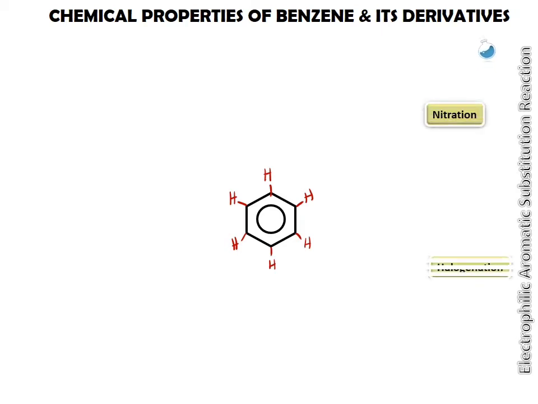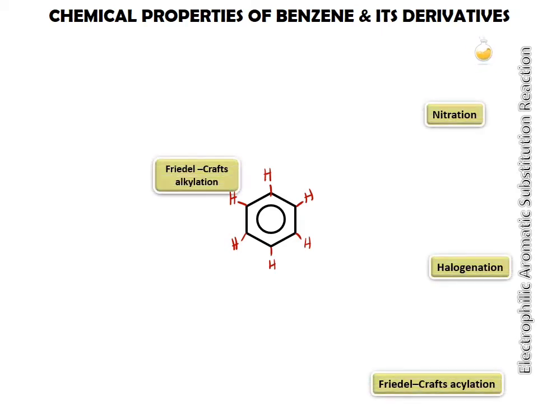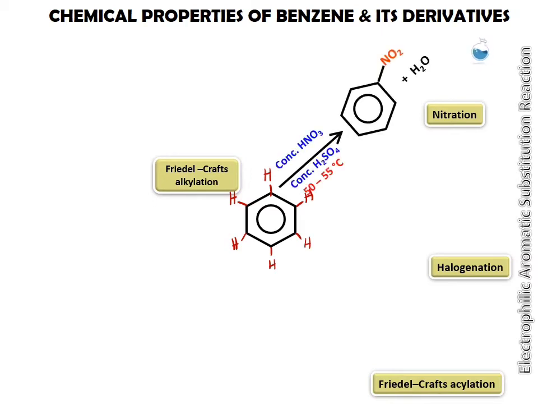Okay, so we have 4 main reaction in benzene ring. So I will explain to you one by one. So we start with nitration. Okay, nitration. So look at the reagent that we use here. So the reagent that we use here is concentrated nitric acid with concentrated sulfuric acid at the temperature 50 to 55 degrees Celsius. So what happened?